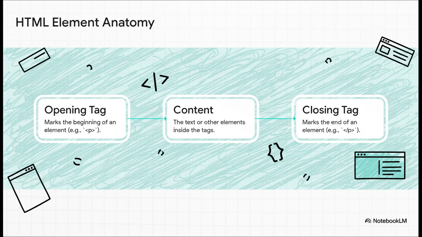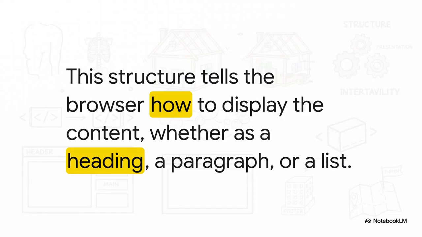You've got an opening tag, then the actual content, the text or image, and then a closing tag. Those tags are what mark up the content and tell the browser what it is. It's really that simple. If you wrap some text in what we call H1 tags, you're telling the browser, hey, this is the most important heading on the page. If you wrap it in P tags, you're just saying, this is a regular old paragraph. The browser sees those tags and knows exactly what to do.